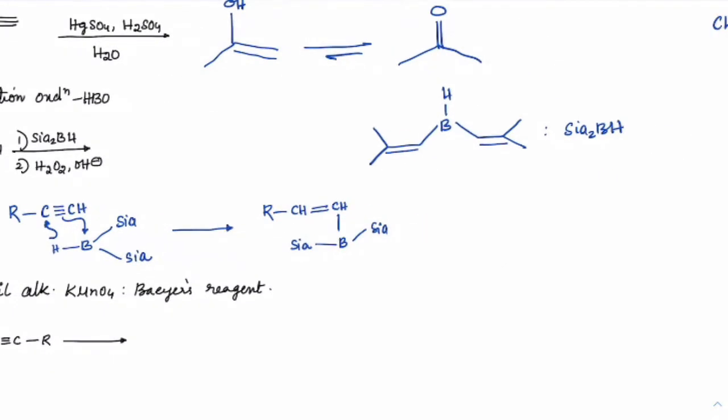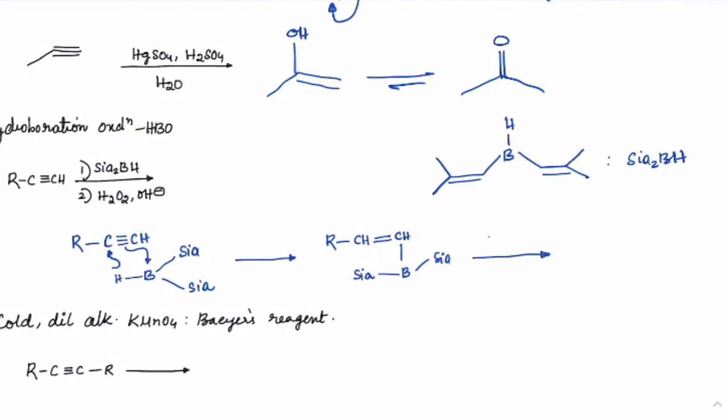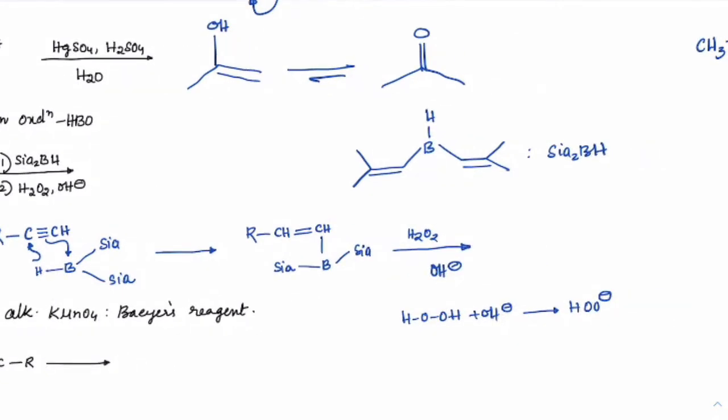Which means after this we directly do the oxidation step, which is H2O2 in the presence of OH minus. Remember how this mechanism used to happen? First we used to take this peroxide and treat it with OH minus, which would form HOO minus plus H2O, and this HOO minus, this O minus, would attack the empty orbital of boron.